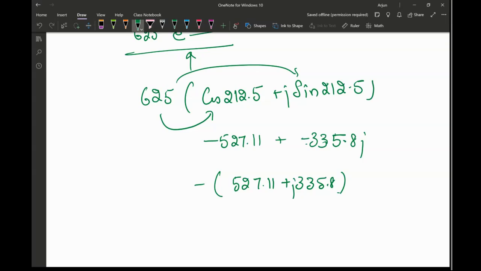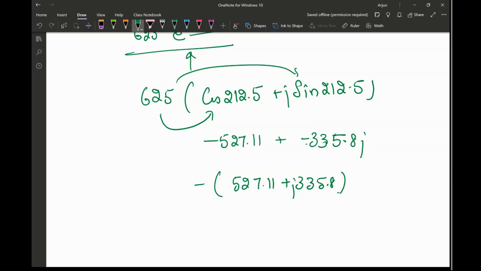I just wanted to check the answers before I let you go, so that I am also confident that we are doing it right. So I'm going to quickly check the answer from chapter 12.6, sorry, not 20.6.